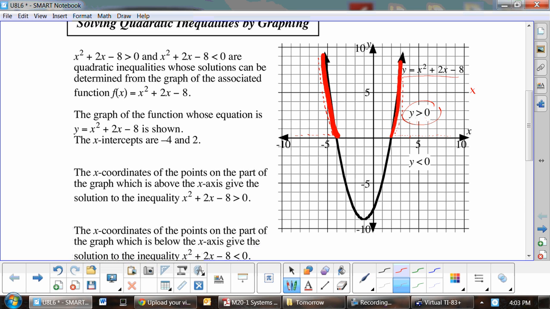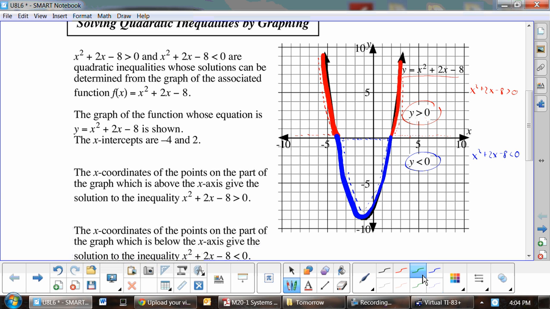So we can actually say that our expression x squared plus 2x minus 8, this part here in the red, is greater than 0. If we look at this part here, we can see that this is where y is less than 0. And so we know that all of these x's here in the middle make all of these y's negative or less than 0. So for this section of the graph, x squared plus 2x minus 8 is less than 0.